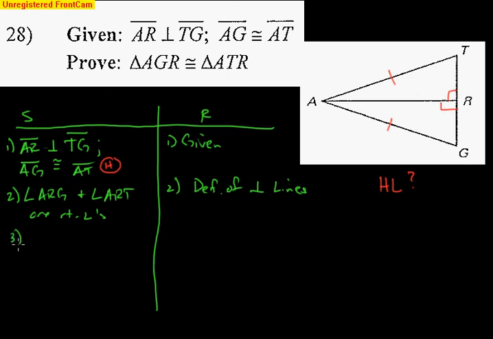So now, let's look at the picture for legs. The corresponding legs would be GR and TR, or AR and AR. There you go. AR is congruent to AR, and that is, of course, the reflexive property.